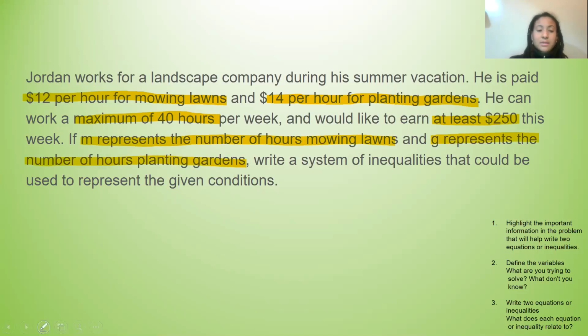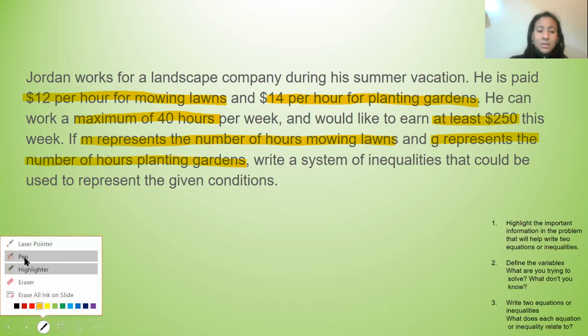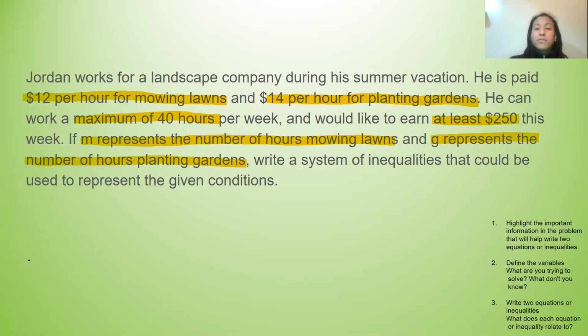And remember, it's a system of inequalities, so that means we have to use those symbols other than the equal sign. Okay? So I'm just going to write my notes. So M represents the mowing lawns, and G represents planting gardens. Well, the number of hours, okay?